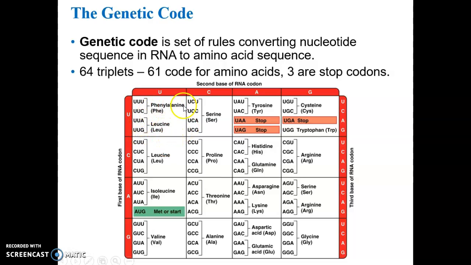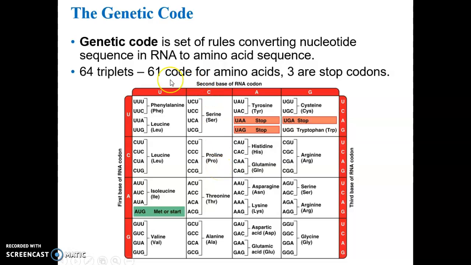But these triplets of bases on the RNA molecule, and you know it's the RNA molecule because of the U's, there's no T's, are what are called the codons, and they are the genetic code for essentially all living things on Earth. Okay?